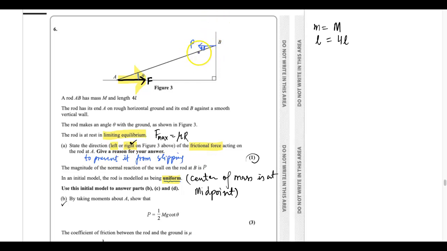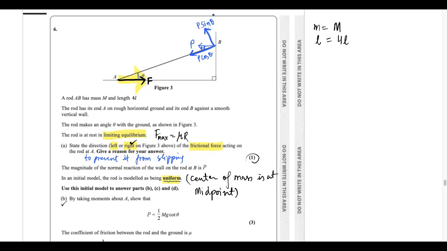Now the force here and the force perpendicular, we are trying to find the components. The force down there would be P cos theta, and this force will be P sin theta.